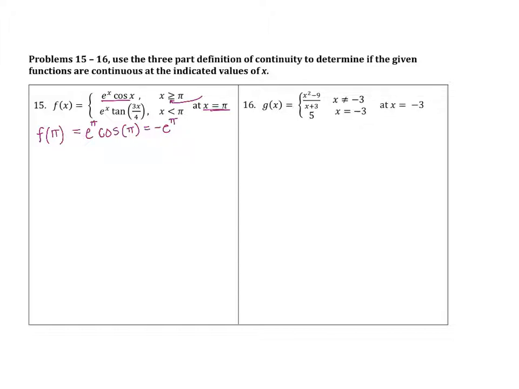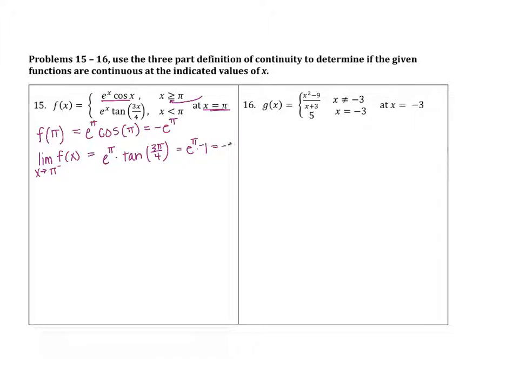Now the next part, we need to go through and establish that the limit exists. In order for us to do that, we have to talk about the limit as x approaches pi from the left of our function. And if we look, that's going to be the bottom part. So we're going to have e raised to the pi times tangent of 3 pi over 4. 3 pi over 4 is going to be over in that second quadrant, which is going to be a negative 1.